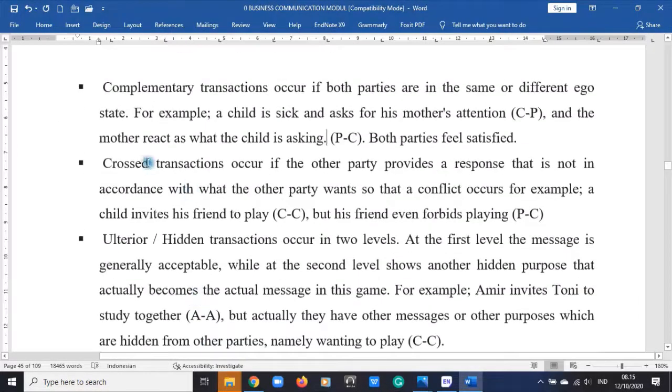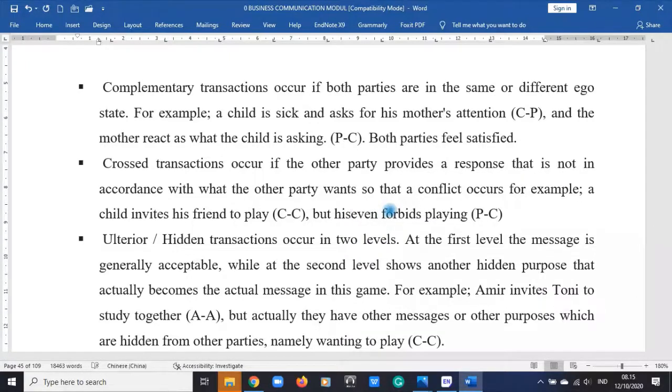So that's called a complementary transaction. The next part is the cross transaction, which occurs if one party provides a response that is not in accordance with what the other party wants, so that conflict occurs. For example, a child invites his friend to play, but his parents forbid playing.